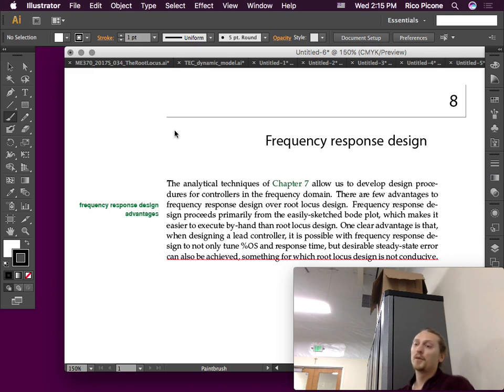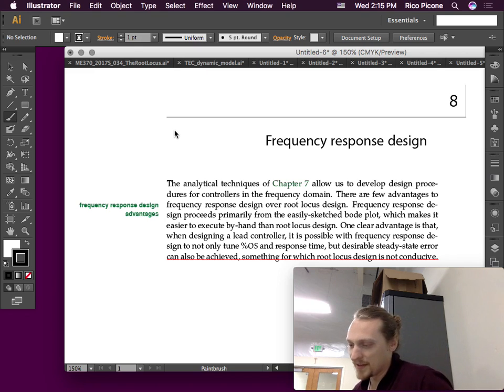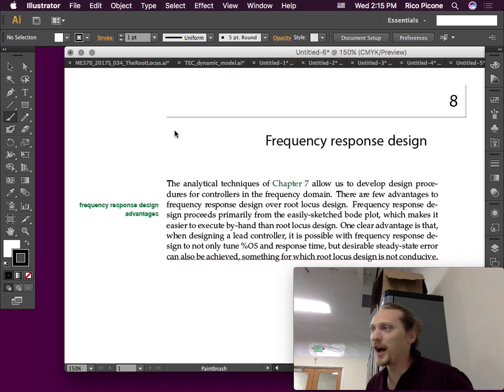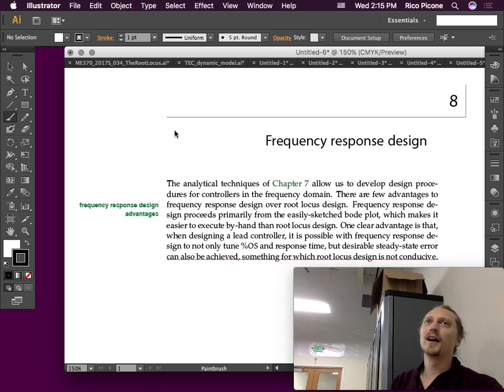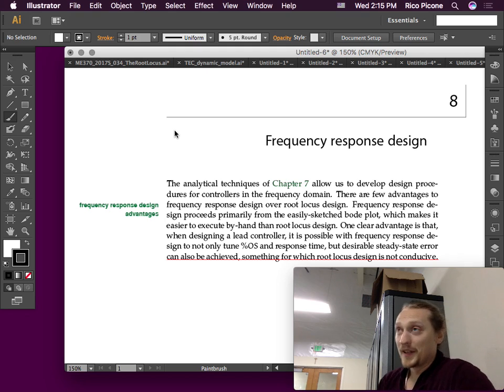Really the only place that frequency response shines over root locus is that when you design a lead controller, it can be designed to not only take care of the transient characteristics that you want, but you can simultaneously design it to compensate for your steady state error as well.